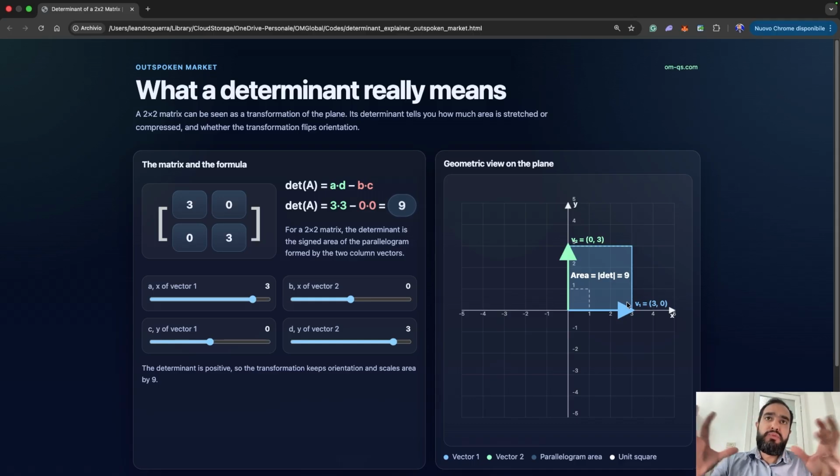If I were to explain it in a complex way, the determinant would be how much of that transformation of the plane could be represented by this matrix.